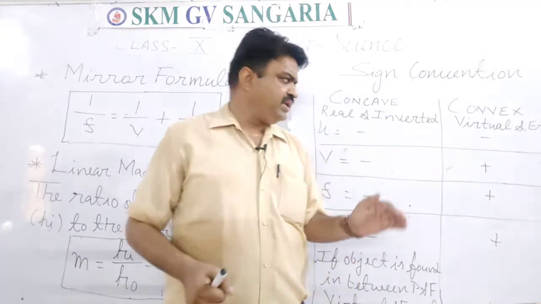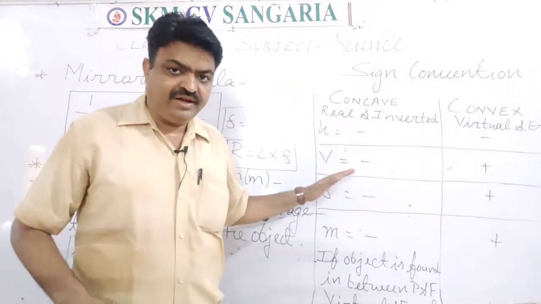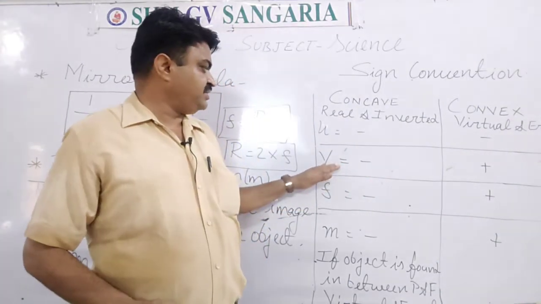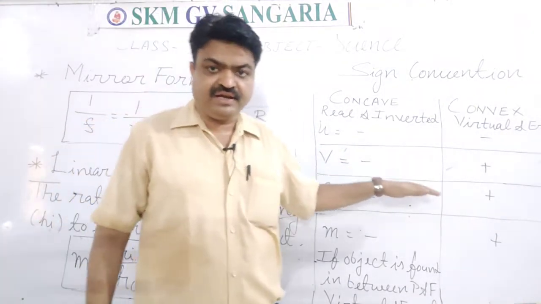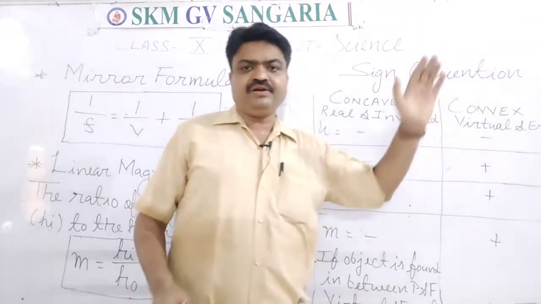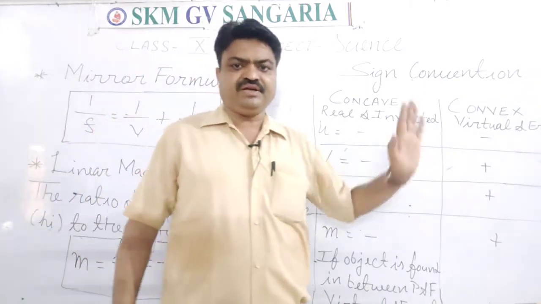Now we come to the next sign convention. In the concave mirror you write the negative sign for the image distance, and for the convex mirror you will use the positive sign.